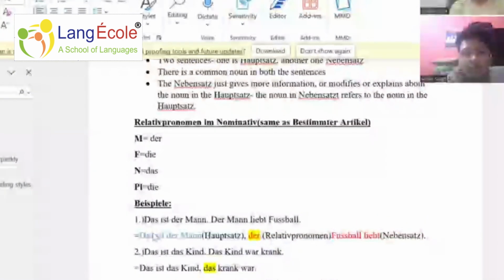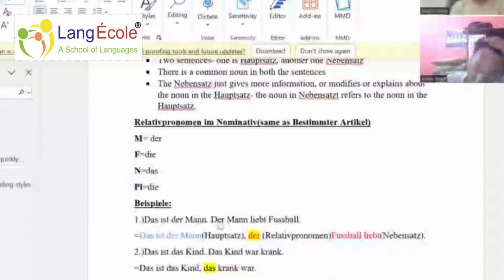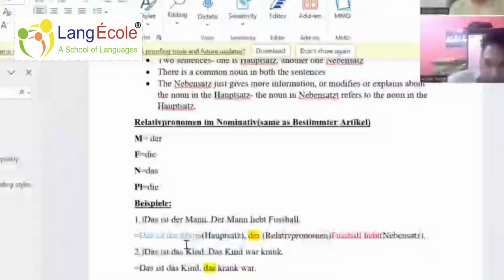So firstly, you have to find the common noun and identify the article of that common noun. Here, the man, what is the article of der Mann? Masculine. And what is the relative pronoun for masculine? You have again der. So you will just replace that common noun with that pronoun.